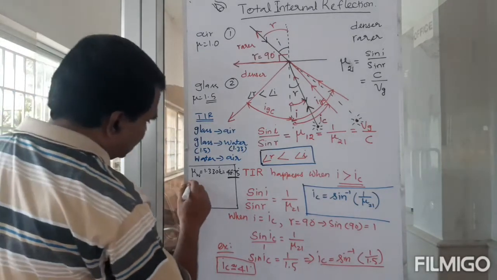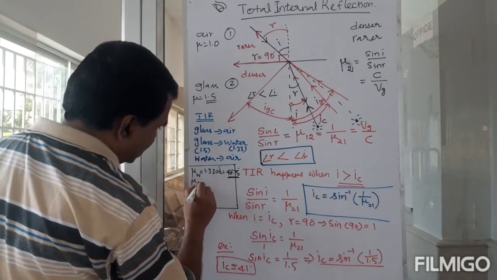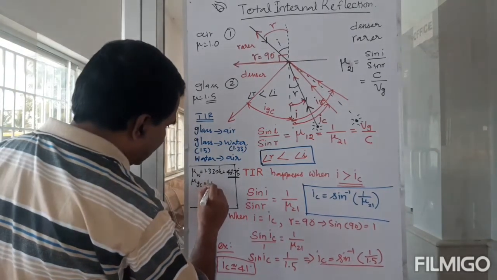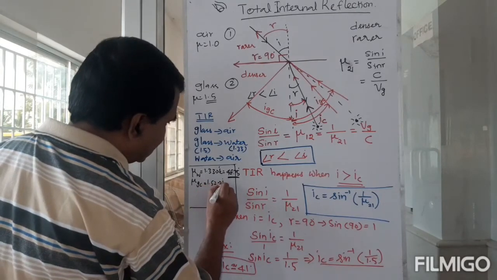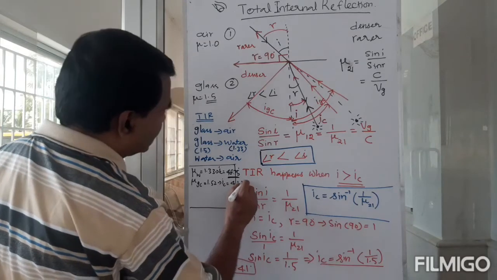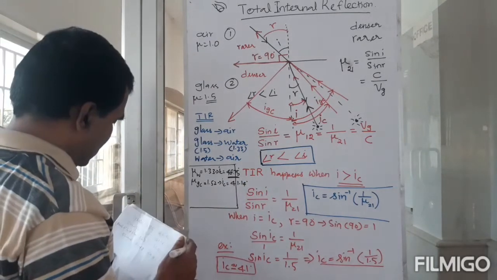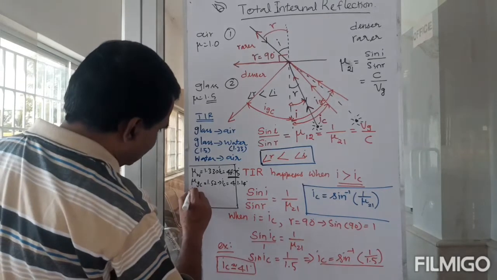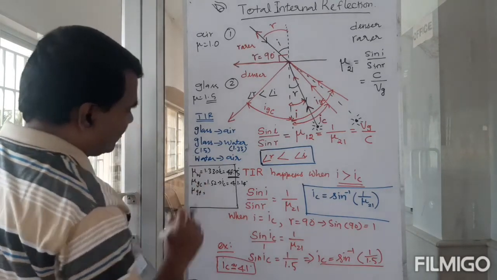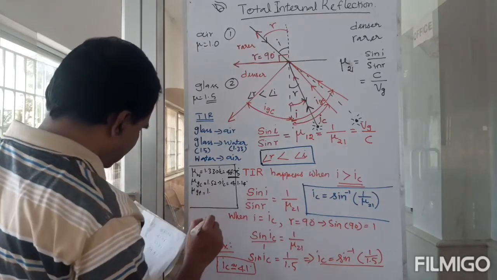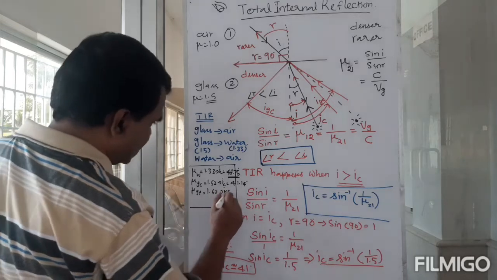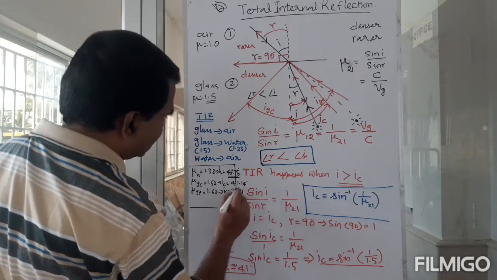And then for crown glass, this is one type of glass, the refractive index is 1.52, and then the critical angle for that is 41.14 degrees. And for flint glass, this is also glass, but dense flint glass, the refractive index is 1.62, and then the critical angle is just 37.31 degrees.